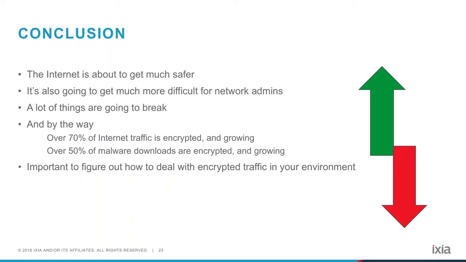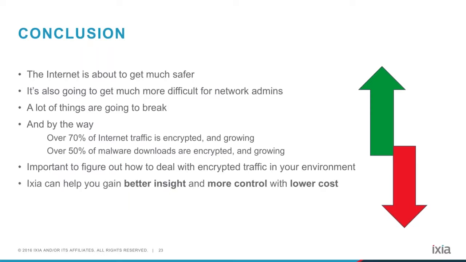It's going to be pretty important to figure out how you want to deal with that, because encryption creates a blind spot from a security perspective, and also for performance monitoring and troubleshooting, and bad things happen in blind spots, and so you want to engineer your way out of having those blind spots in your network. Ixia can be a really good partner in helping you get better insight and more control over your traffic while driving your cost of deployment down, and that's a really good thing.